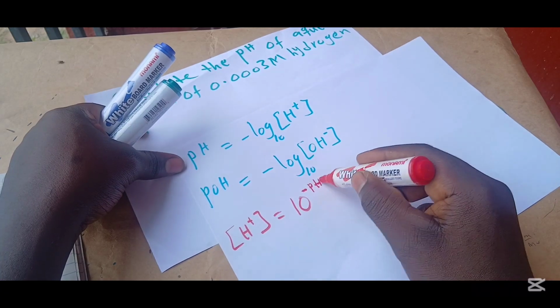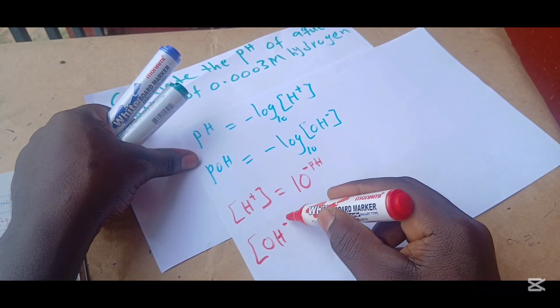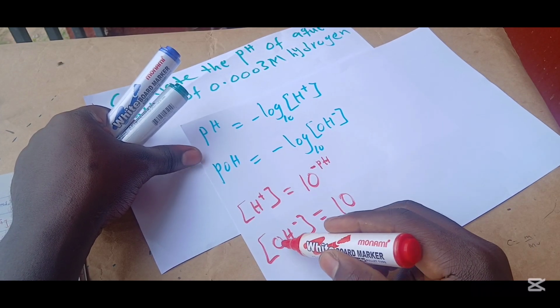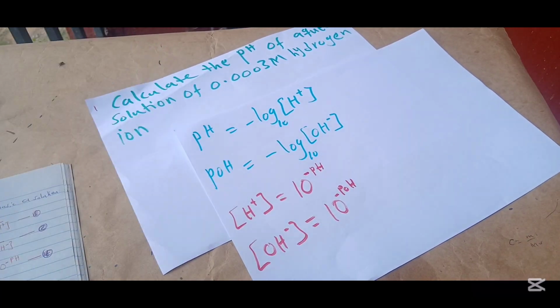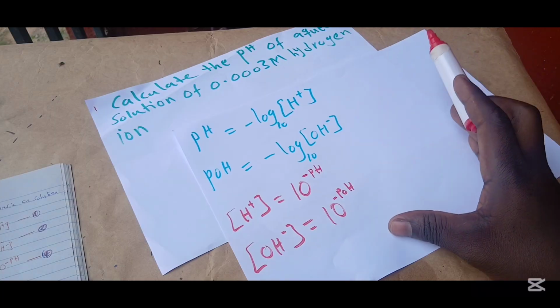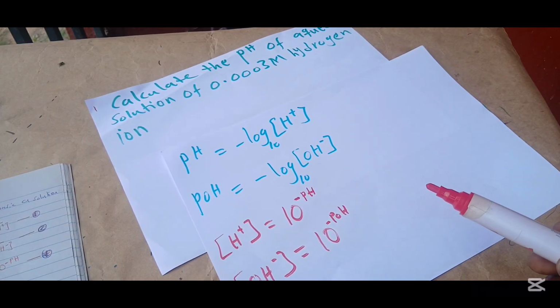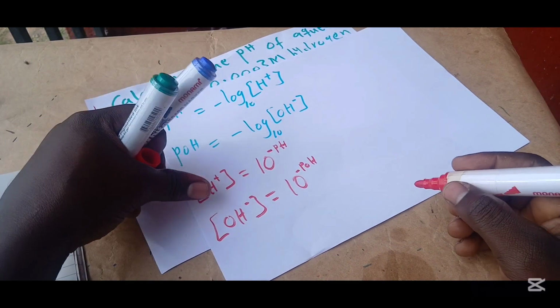And the OH ion concentration is equal to 10 to the power, since we are talking about OH, negative pOH. So you need to know these formulas to be able to do pH and pOH calculations. So write them down and note them very well.